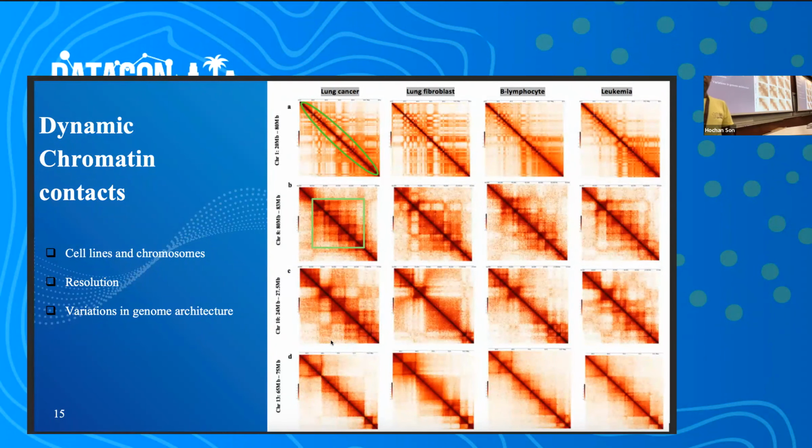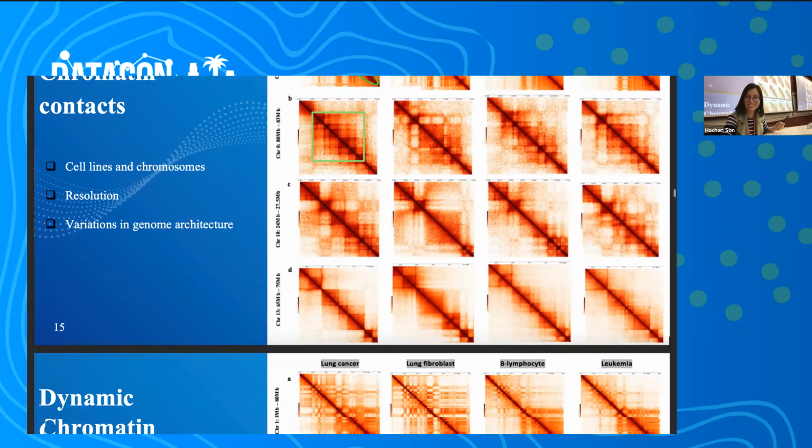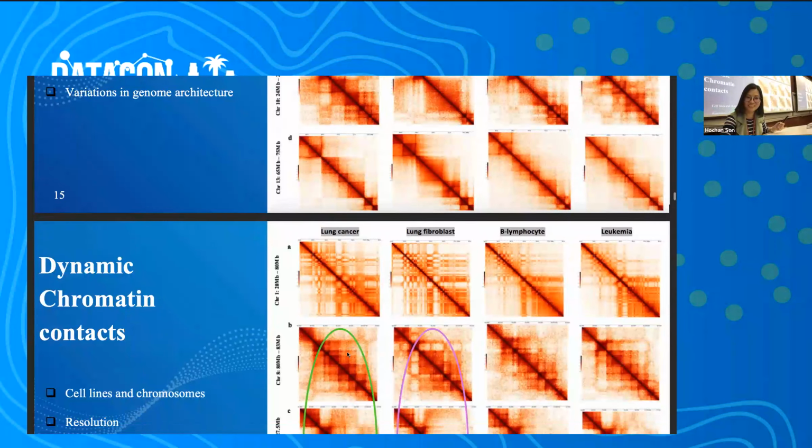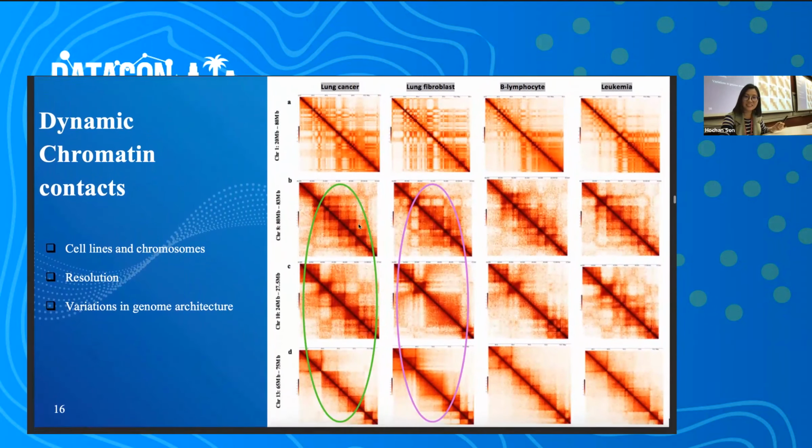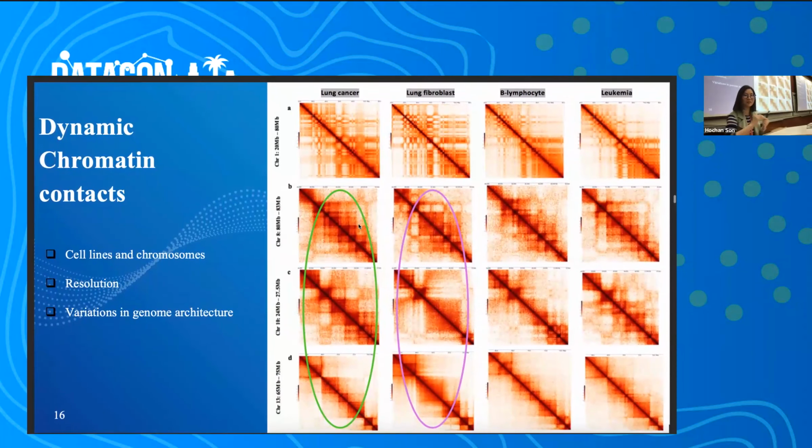The top here is lower resolution. When you go down further, here is a higher resolution. So at higher resolution, you can see more detail along that axis.